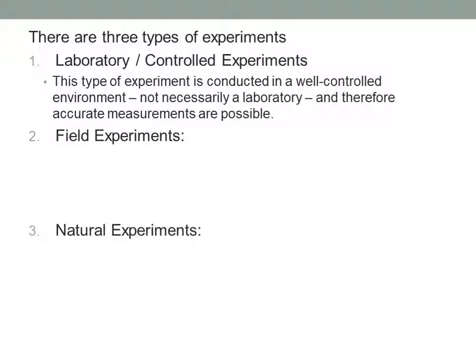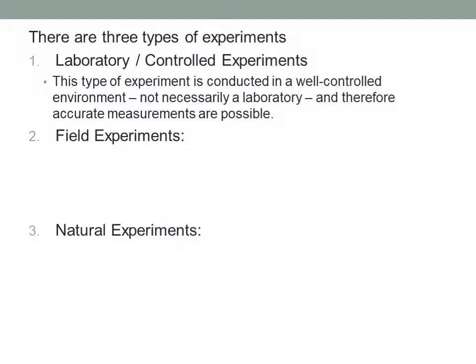So these laboratory or controlled experiments are not necessarily in a laboratory, but they are under controlled variables. Therefore, since all the variables are under control, you can obtain accurate measurements as much as possible in these controlled experiments.